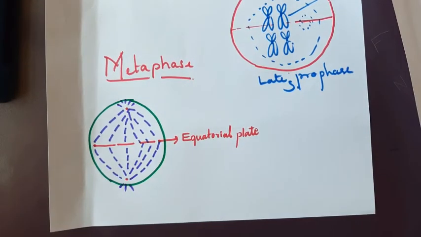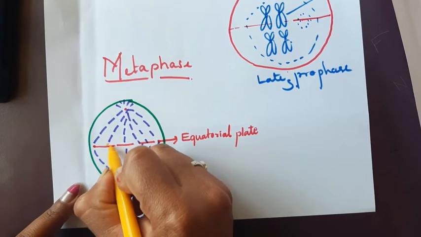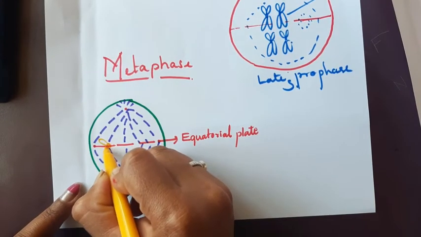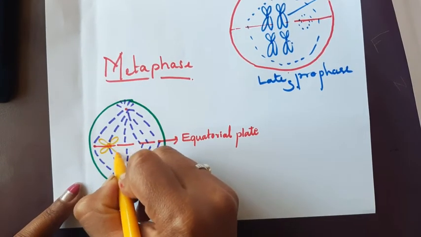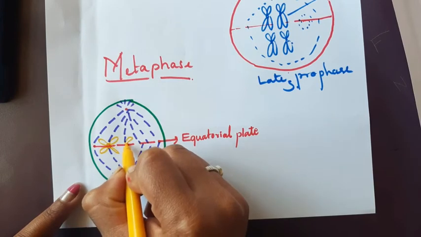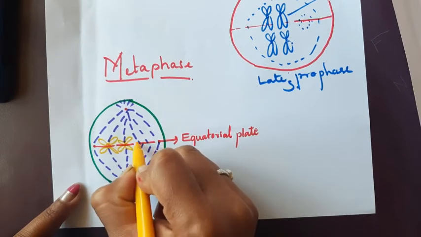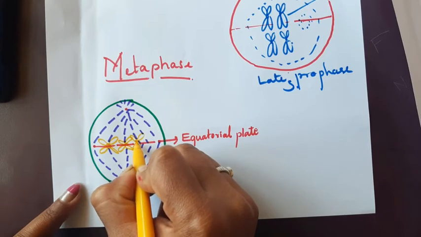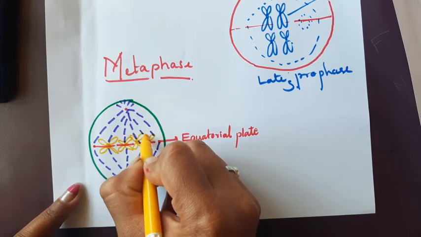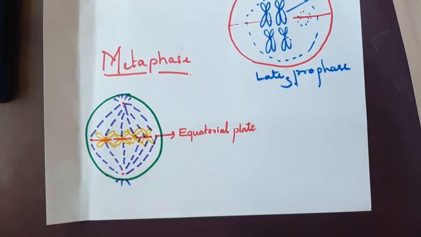Okay. Now I will draw the chromosomes. The centromere, which is going to be present, and the chromatids are arranged like this. I will just draw 4 chromosomes for example. Okay. This is the arrangement of chromosomes on the metaphase plate.